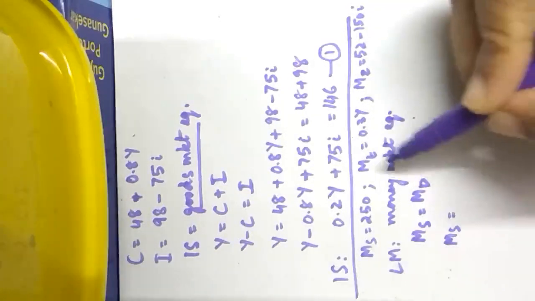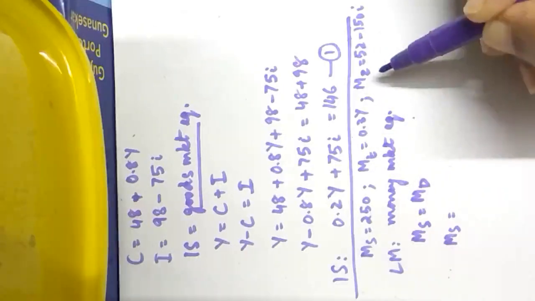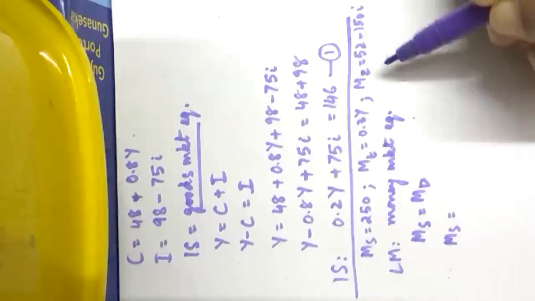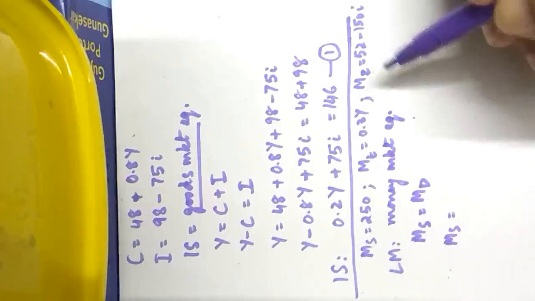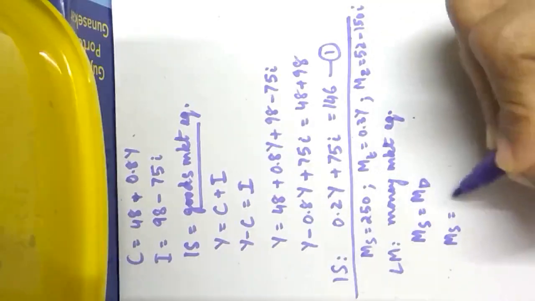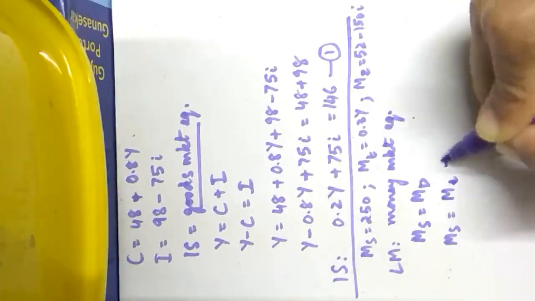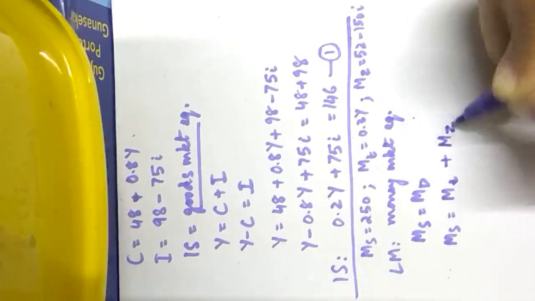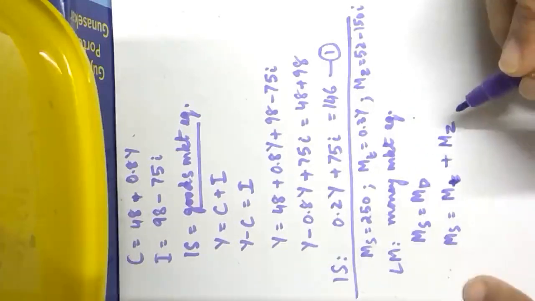In this question, MT represents transactions demand for money and MZ represents the speculative demand for money. Since there is no precautionary motive demand for money mentioned, we are going to ignore that. So your total money demanded would be money demanded for transactions purposes plus money demanded for speculative purposes.